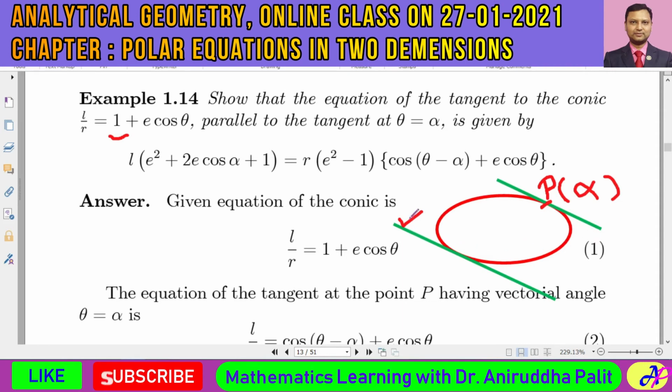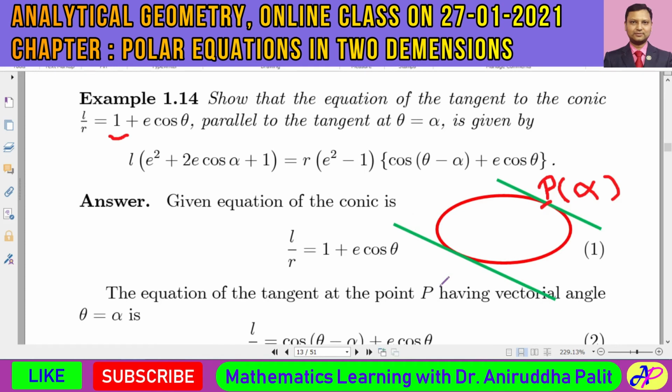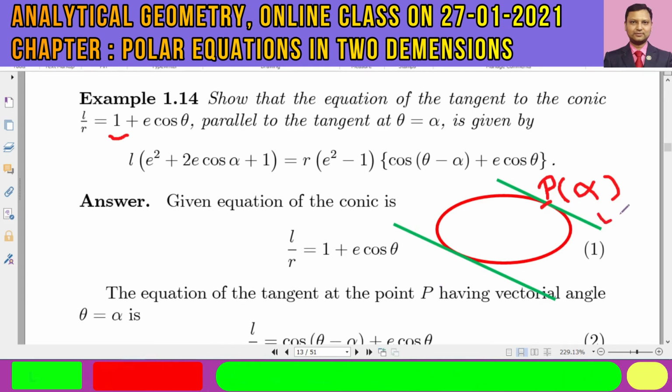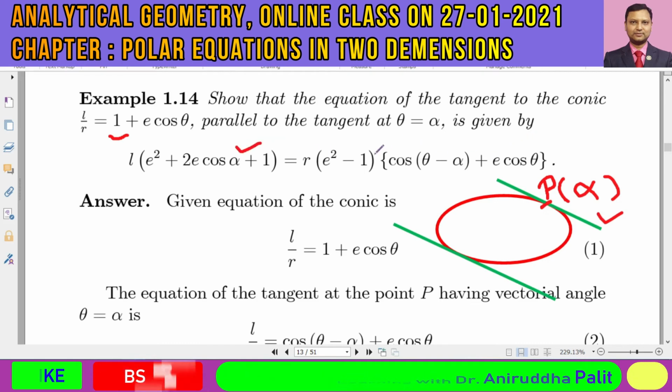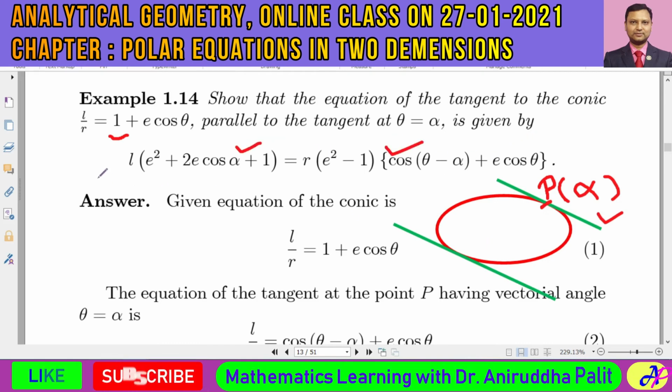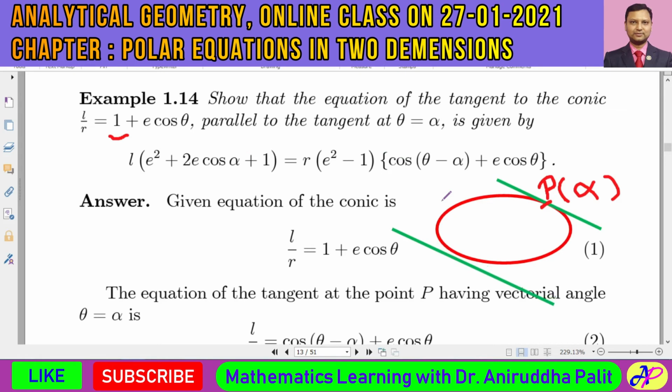Therefore, we need to determine the equation of this second tangent line, which would be parallel to this first tangent. And we have to show that the equation of this second tangent can be written by this kind of complicated expression. Got it? And how is it possible?